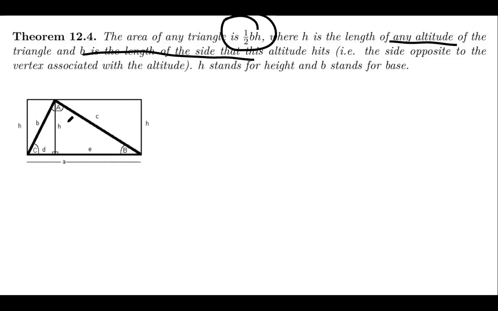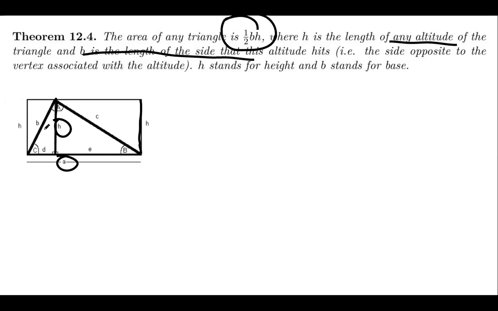So we have this triangle with altitude H and base A. Now we can draw a rectangle to inscribe the triangle such that the base A is one side of the rectangle and the height of the rectangle will be H. You can see how the altitude splits this rectangle into 2.